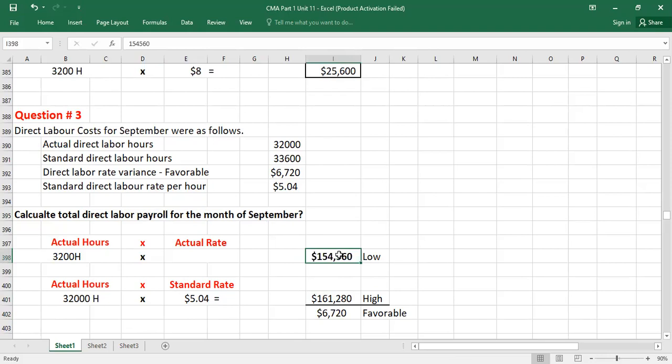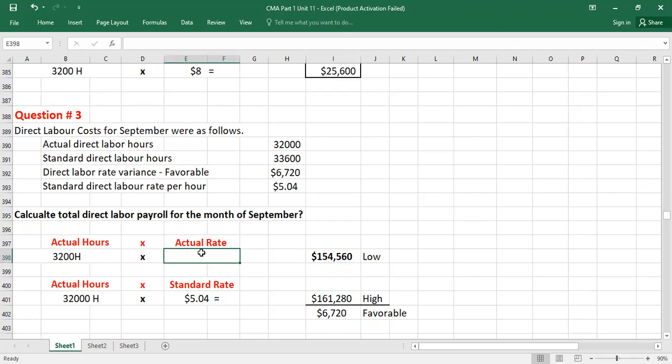But guys, here you need to think, maybe he could also ask you to calculate the actual rate. If he asks you to calculate the actual rate, this question will become more complex, because you are provided with the rate variance answer. So we calculated this value also. If you take the difference, we will get the answer of the first line. So what we need to do here, this answer divided by actual hours, so you will automatically get the actual rate.